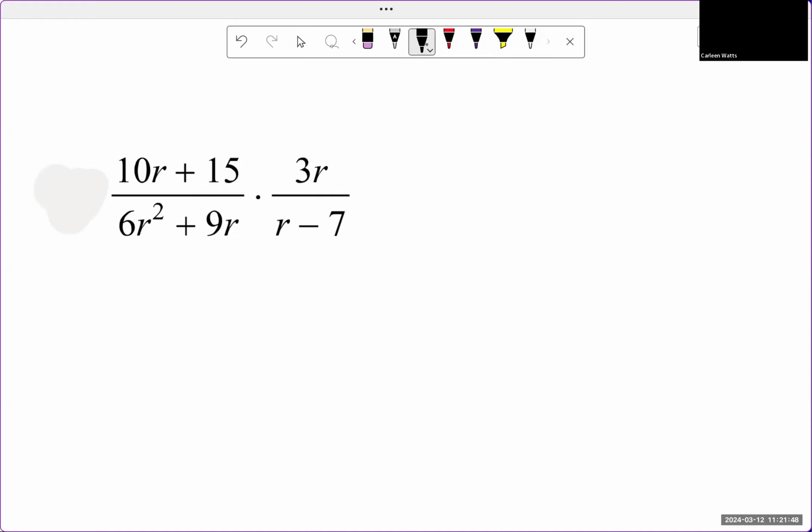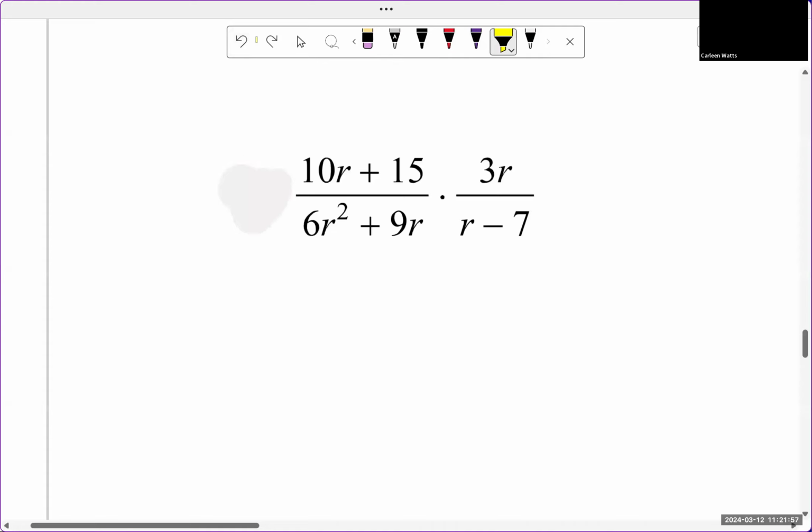Step 1, factor. What's the GCF of 10r plus 15? What comes out? 5 comes out. The 2 goes right there, right? Okay, bottom. What comes out?